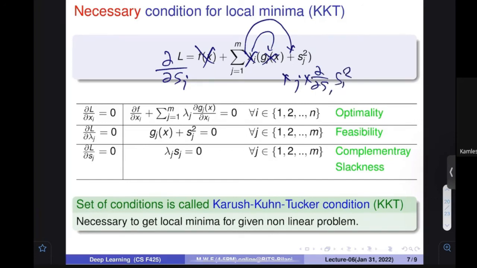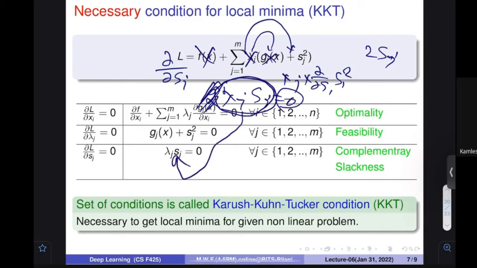The derivative of sj square is what? 2 multiplied by sj, and then the equation becomes lambda j multiplied by 2 sj is equal to 0. Then you can remove this 2 because the right side is 0 only. So you can say that lambda j sj is equal to 0.